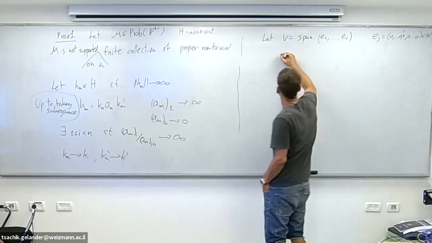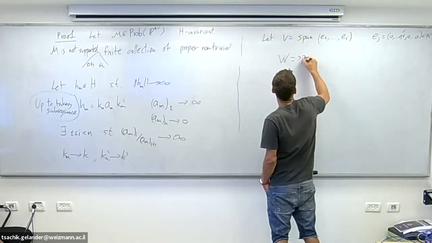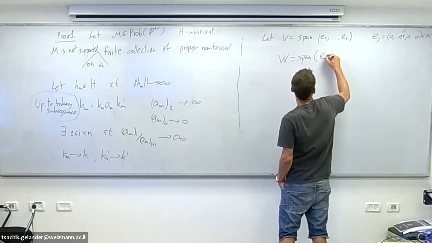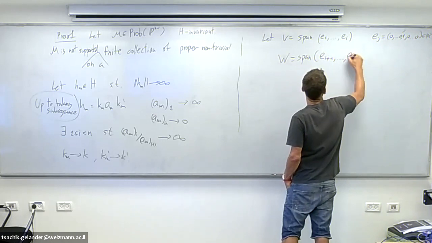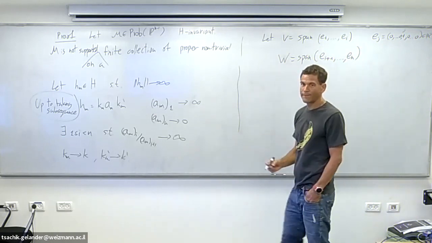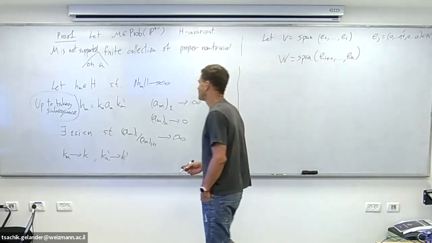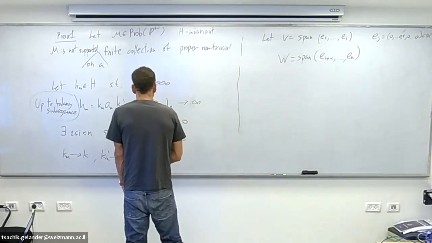Let V be that space and W be the span of e(i+1) to en.